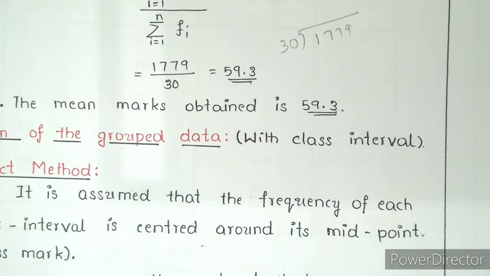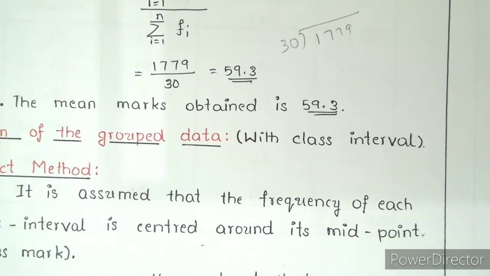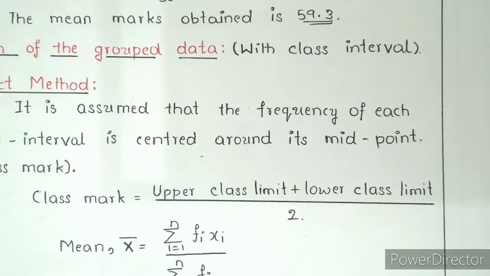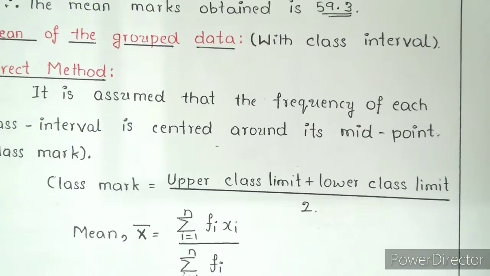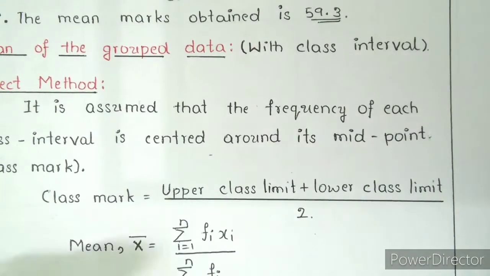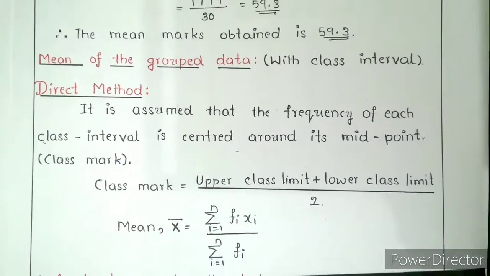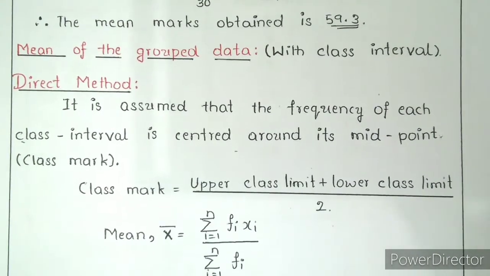So that is the mean of the grouped data. Next you have one more topic, mean of the grouped data. In the direct method, it is assumed that the frequency of each class interval is centered around its midpoint or class mark.